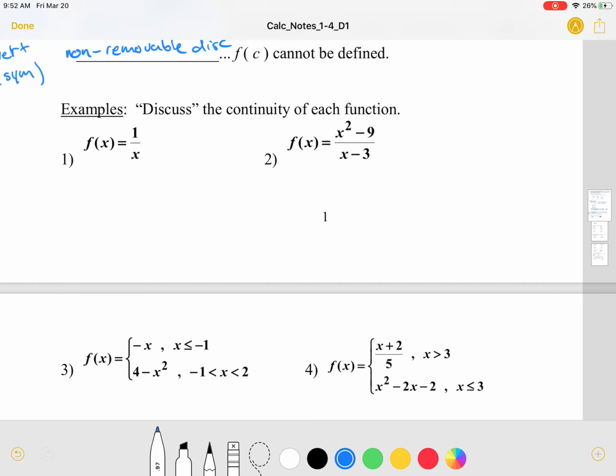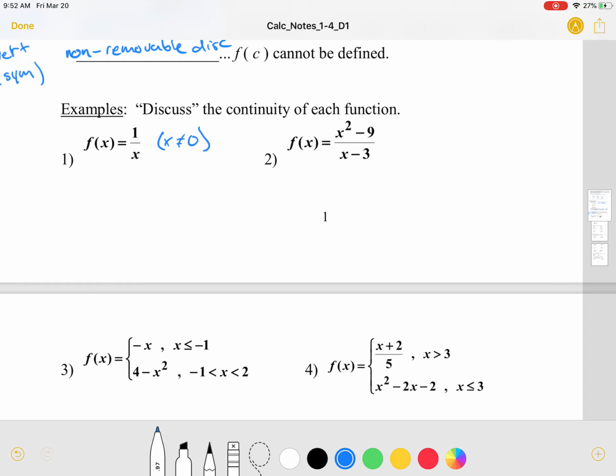Okay, so example 1. As we look at this, we know that we got just the x in the denominator. We know that our x cannot equal 0, right?